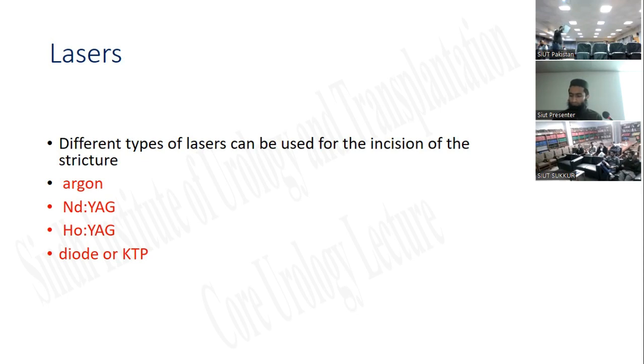Now it's visible, earlier it wouldn't be visible, okay. This is the penile urethra, and it is surrounded by corpus spongiosum, this is a cut section, so the penile urethra is present in the center of the corpus spongiosum, okay.